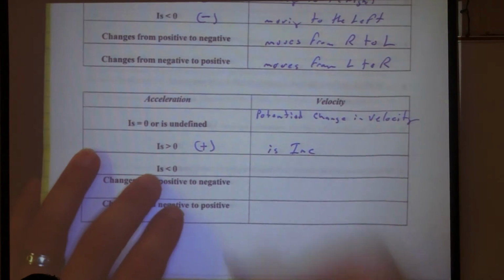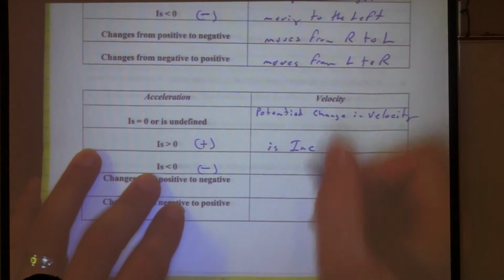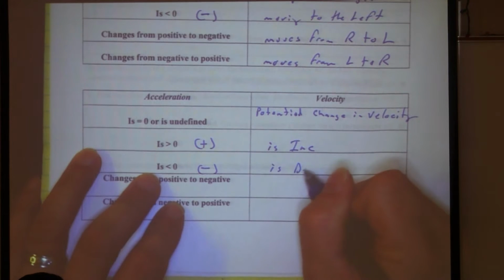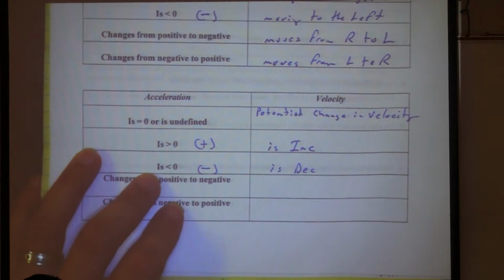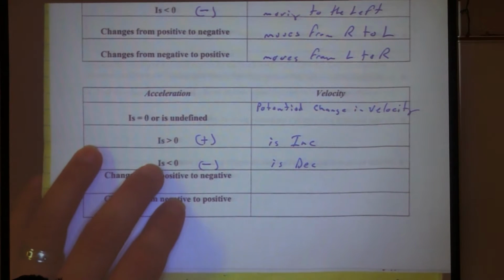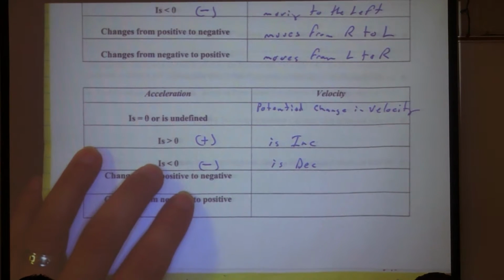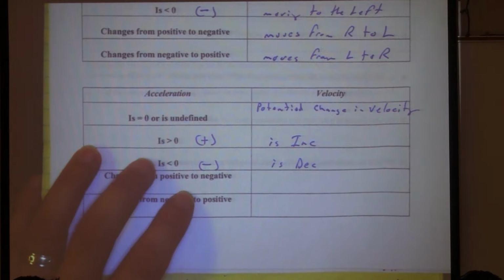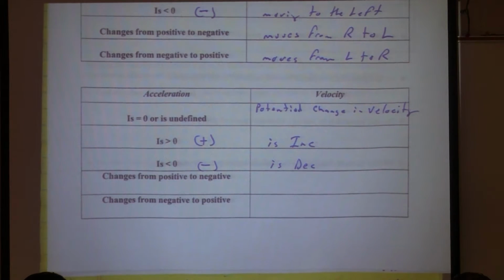If the acceleration is negative, then velocity is decreasing. Does that mean you're moving in the opposite direction? No, it could mean that you're moving in the same direction, you're just not moving as fast. Cool?